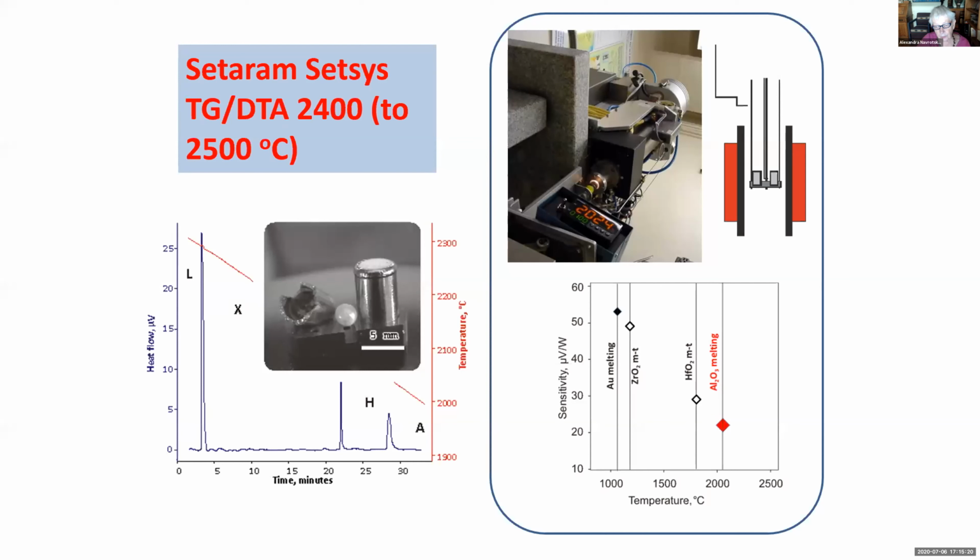It needs crucibles, and that's always a problem because we come back to the container problem. And furthermore, differential thermal analysis needs standards. One of the things that we realized is that there are no good standards above about 2000 degrees centigrade, above the melting of aluminum oxide. It's strange in a way to use the melting of aluminum oxide as a DTA standard, but that's the game we're in.